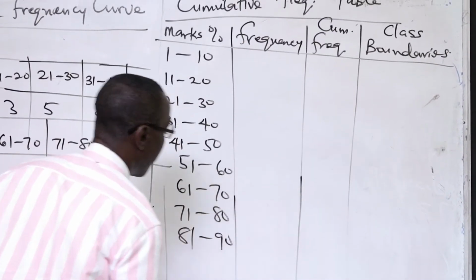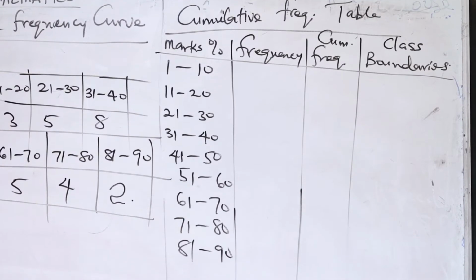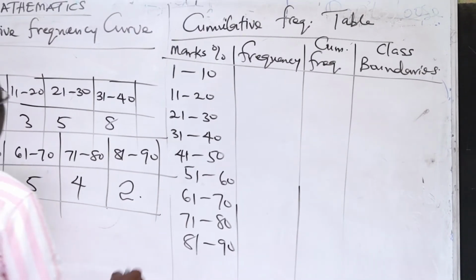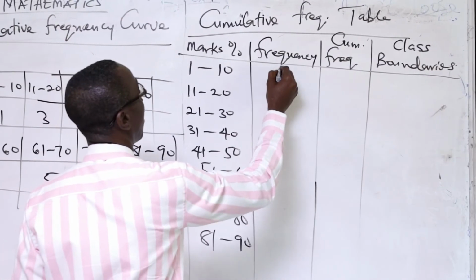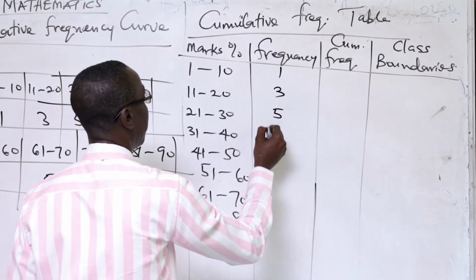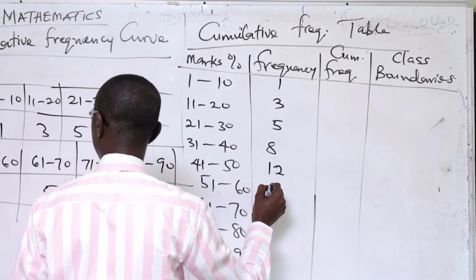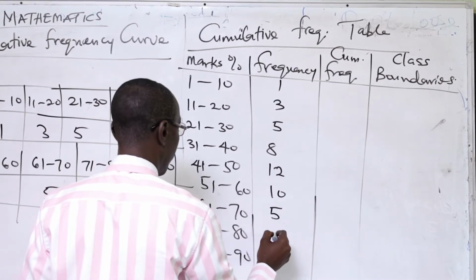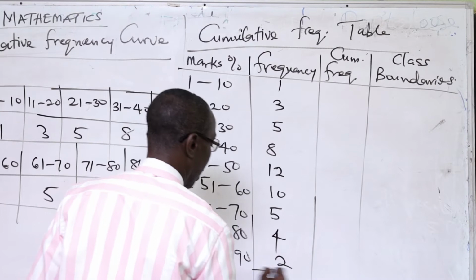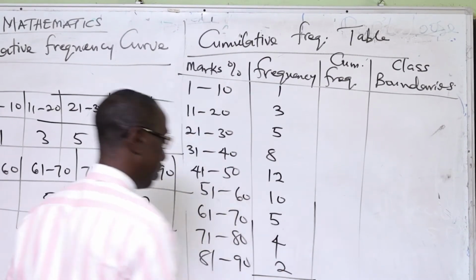That's the interval given to us. Then we have the frequency allocated to each interval: 1, 3, 5, 8, 12, 10, 5, 4, 2. What is the total? I think they said 50.